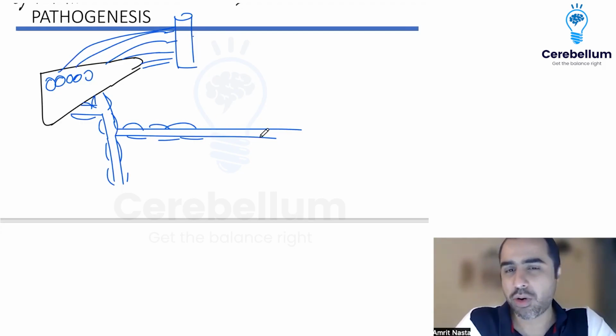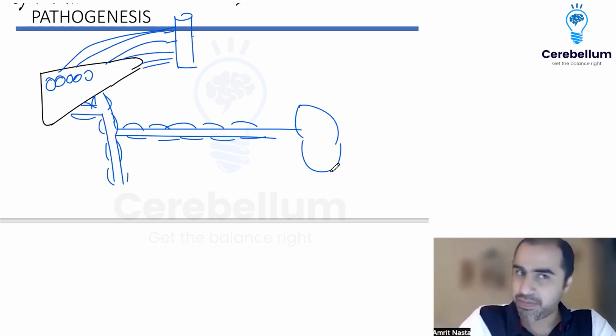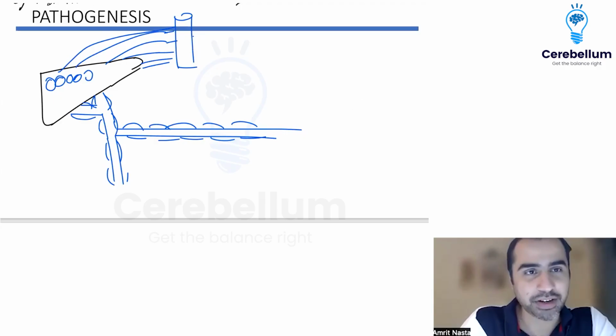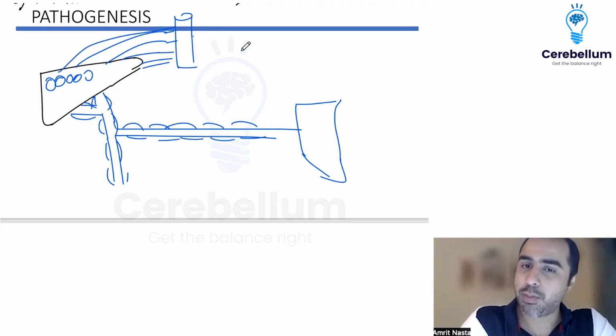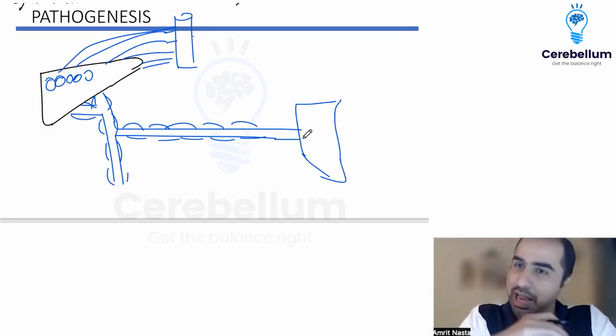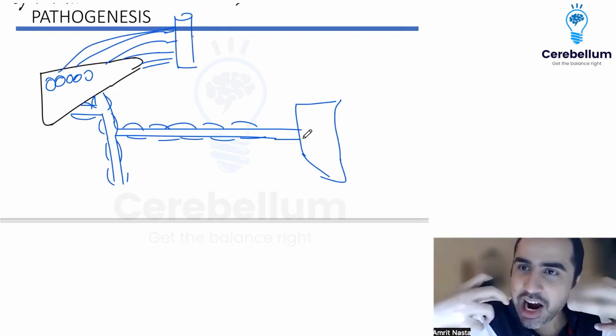ठीक है ना? Dilate हो रहा है, जब तक dilate हो रहा है तब तक ठीक है. But a point will come where the portal vein is frustrated. Like how I am also getting frustrated with the same kind of spamming. So a time will come where the portal vein also gets frustrated. Like bus ho gaya. It needs a way out.